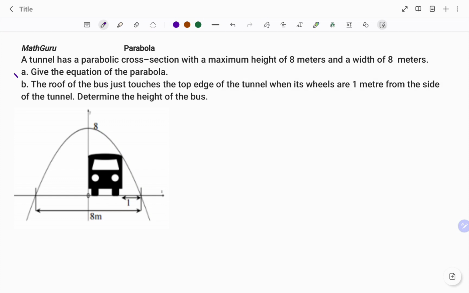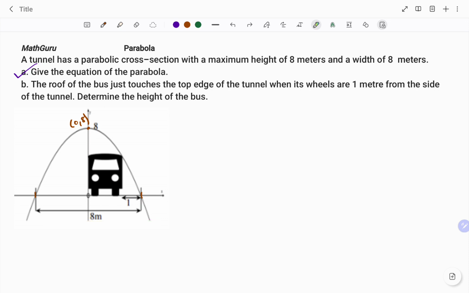I'm starting with the first part of the question that says, give the equation of the parabola. You can see with what we have, the turning point is shown, and that has a coordinate of 0 and 8. We have the x-intercept on both sides, but note that in order to find the value of our x-intercept, the total distance from one part to the other, where the parabola intercepts the x-axis, we have that as 8 meters.